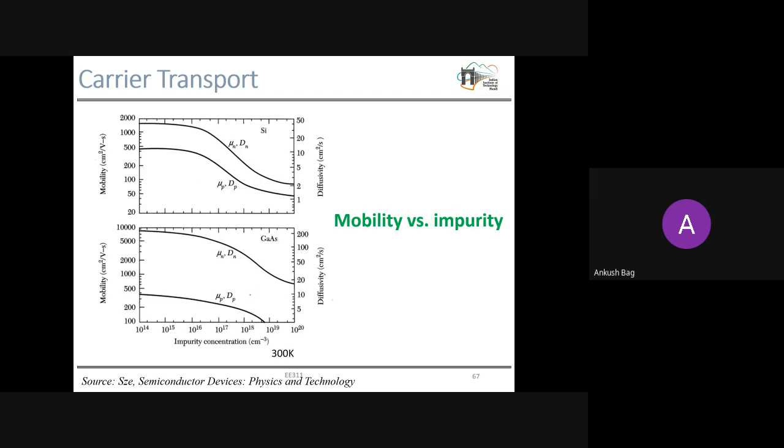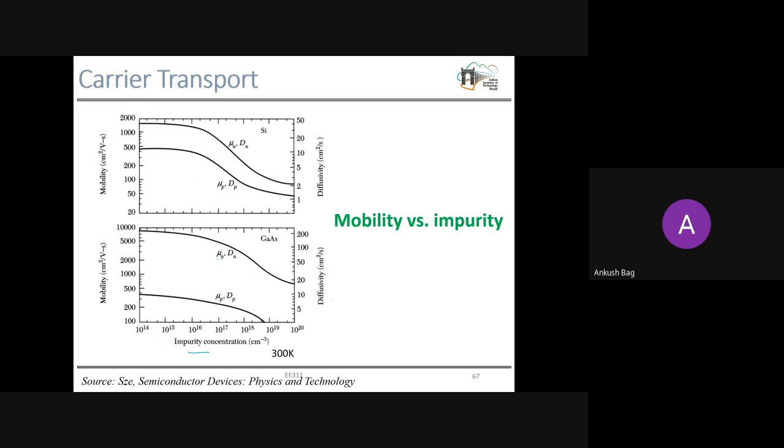So this is another behavior, showing the mobility with the impurity concentration. Whenever you take a highly doped semiconductor, the mobility will decrease.